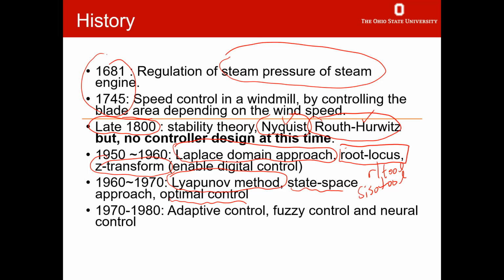70s, 80s, adaptive control, fuzzy control, which never worked out. Neural network control, which also never worked out at the time, but somehow with these autonomous vehicles, these very powerful graphical processing units, and computational power, not the neural networks we talked about in the past, but much more difficult versions which can do great pattern recognition, we call them deep learning networks.